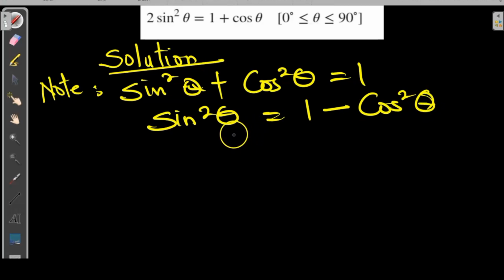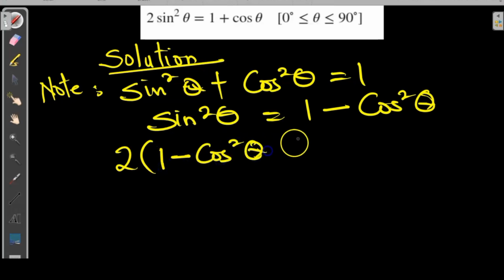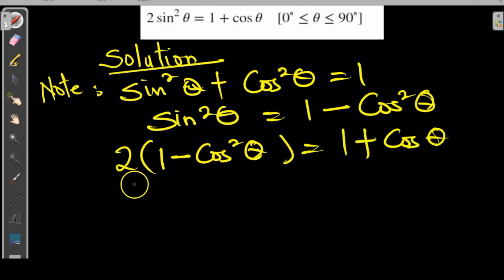So we are now going to substitute this into the equation. So we have 2 into 1 minus cos squared theta equal to 1 plus cos theta.